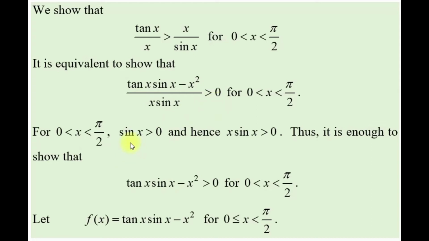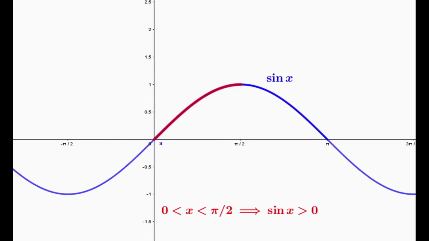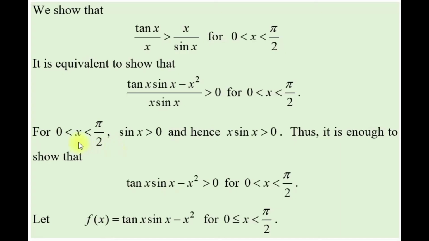We know that sin x is greater than 0 on the open interval (0, π/2). This can be observed by looking into the graph of sin x. So sin x > 0 on this interval, and x is also positive because 0 < x. So if we multiply sin x with x, we get x sin x.